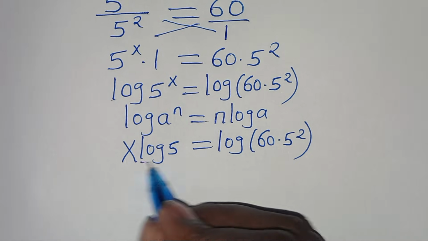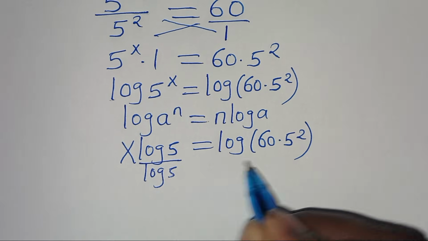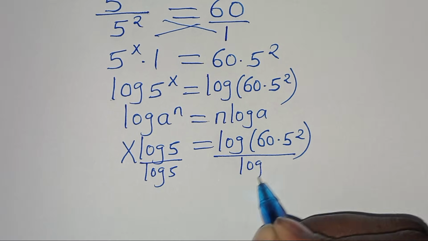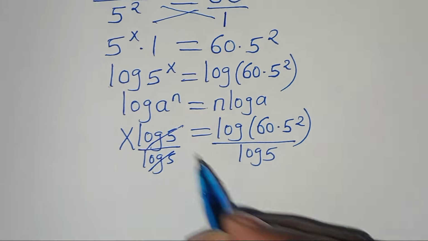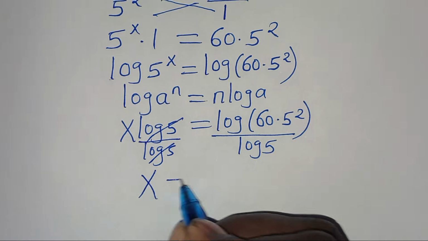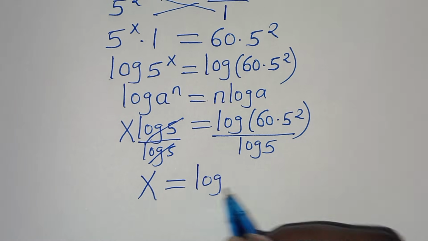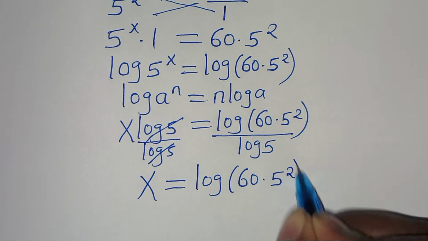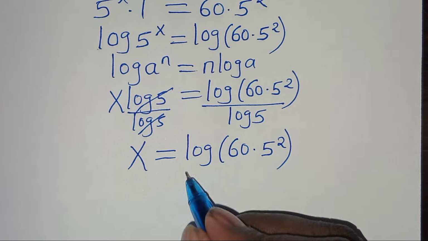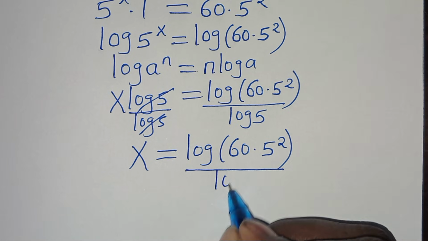Now, let's divide both sides by log 5. And also here we have log 5, so we can simplify log 5 and log 5, so that now x is equal to log of 60 multiplied by 5 to the power of 2, everything here, divided by log 5.